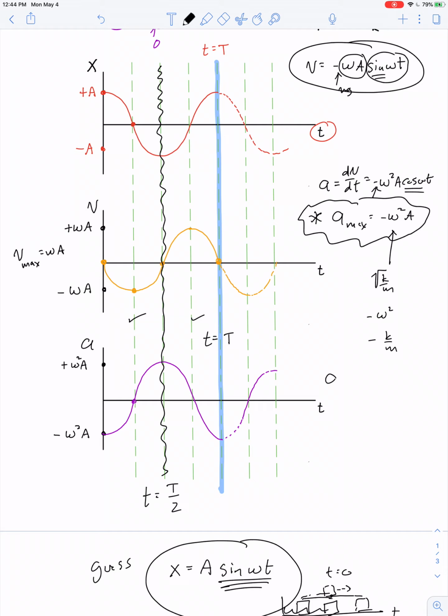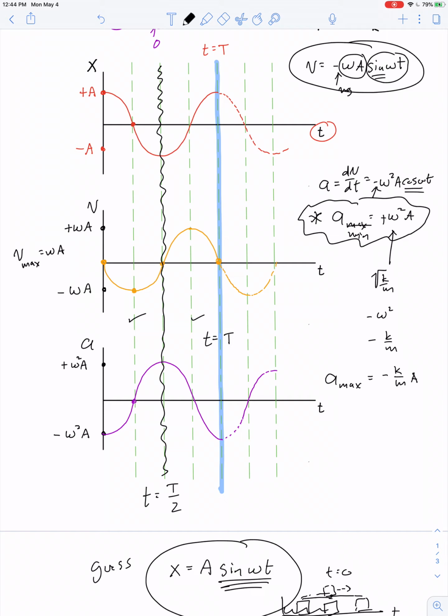So if we make that substitution, the maximum acceleration is negative k over m times A, or I guess we should say minimum acceleration. That's minimum acceleration, isn't it? Maximum acceleration would be positive omega squared A.